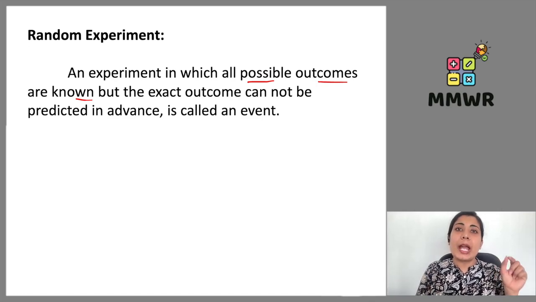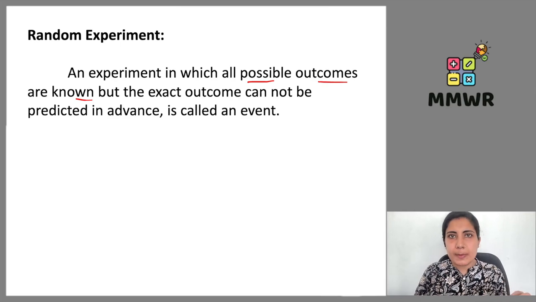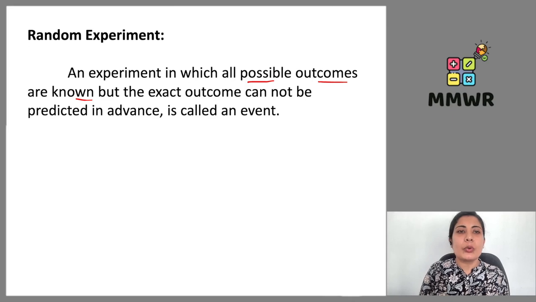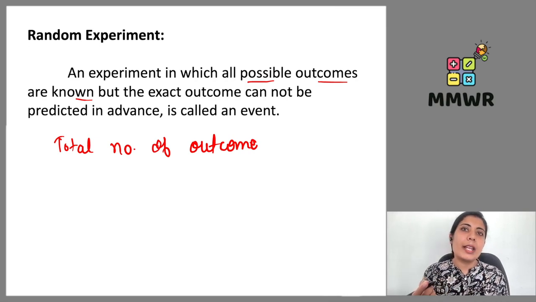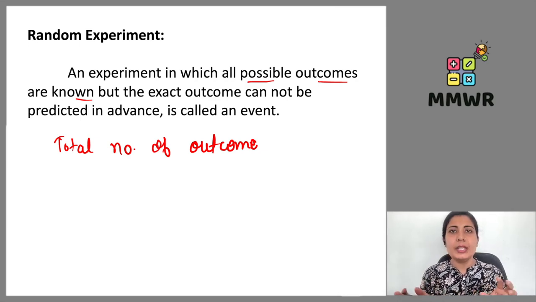OK, so when we roll the dice, we have numbers from 1 to 6, right? From 1 to 6, whatever numbers are there, these just show the total number of outcomes, or we can say all possible outcomes. But exactly which number will come, from 1 to 6, 3 will come, 4, 7, sorry, not 7, 3, 4, 1, 6, 5, any number can come. So exactly which number will come we can't say, but what can come, we are very much sure.